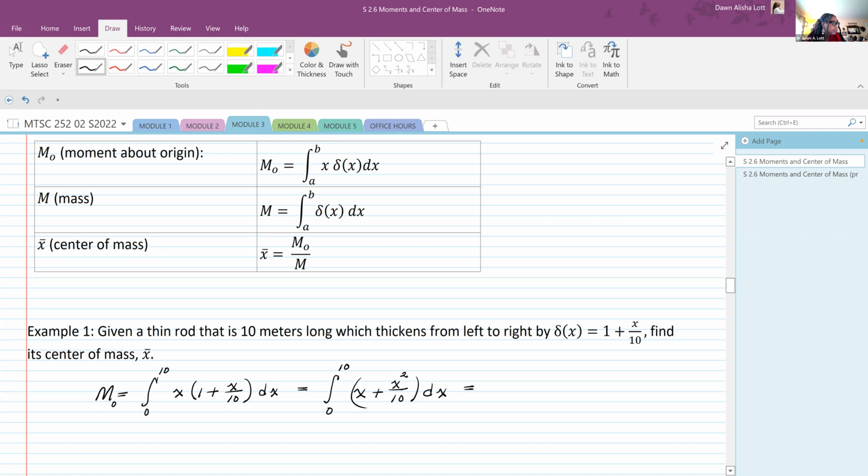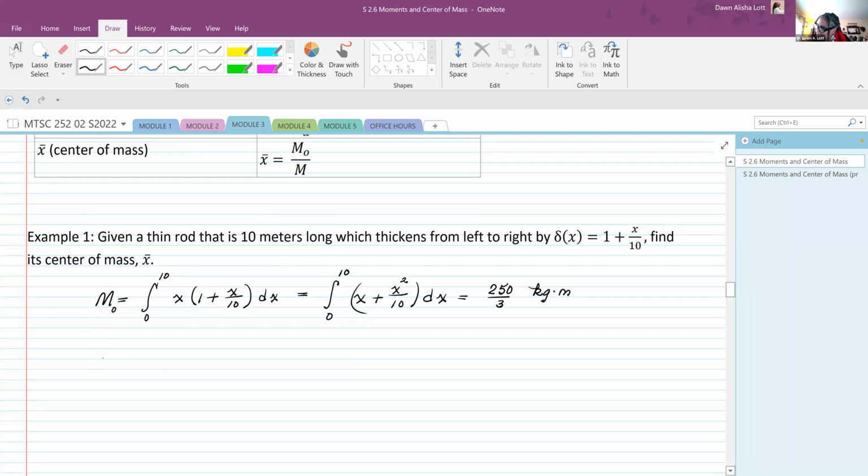And this integral turns out to be 250 thirds. And that's kilogram meters.